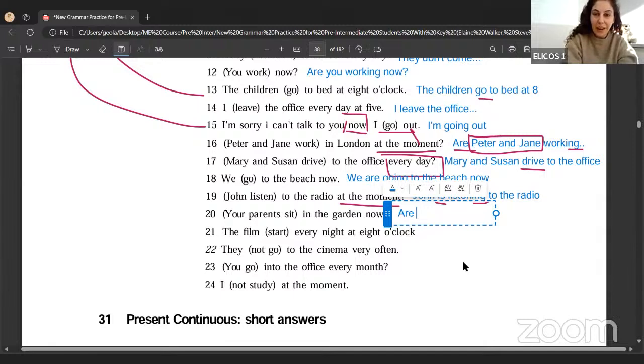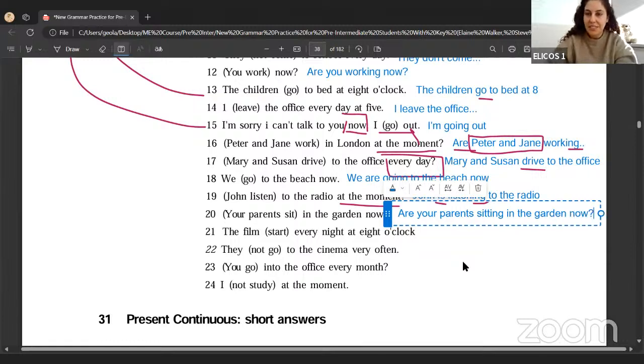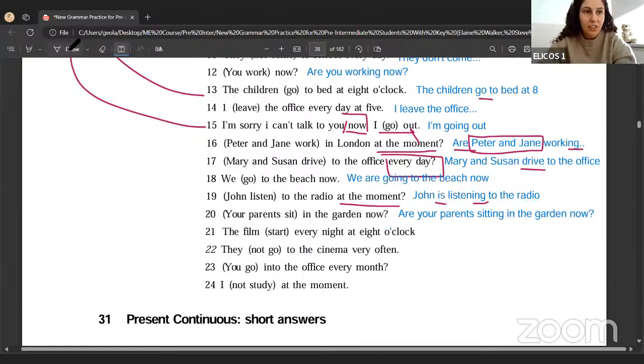Yeah, good. So plural, are your parents sitting in the garden now? We know because now it's continuous. So good, we've got the verb to be, we've got the ing, and we can see that word now.